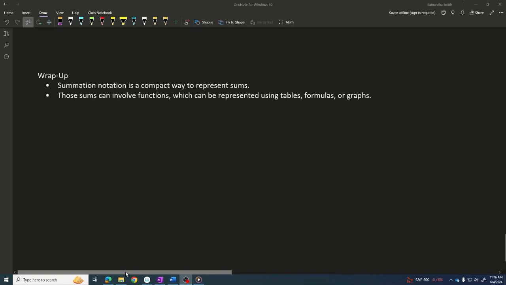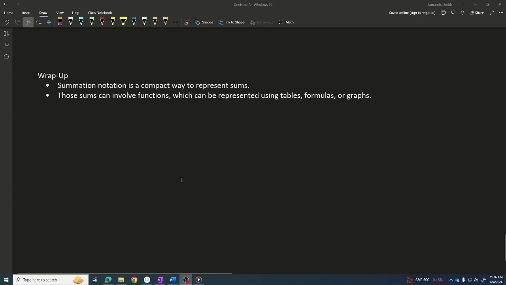In summary, summation notation provides us with a compact way to represent sums. Very applicable to this class, because this class is all about integrals, and integrals are just very intense sums. And the sums in summation notation are just like the sums involved with integrals.